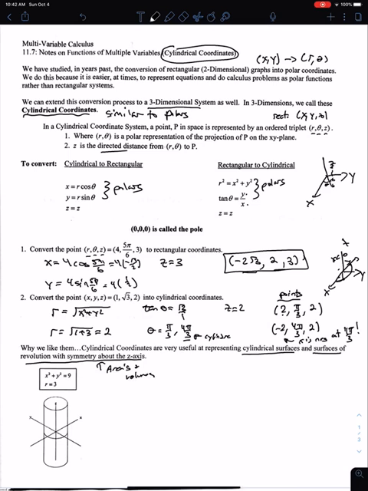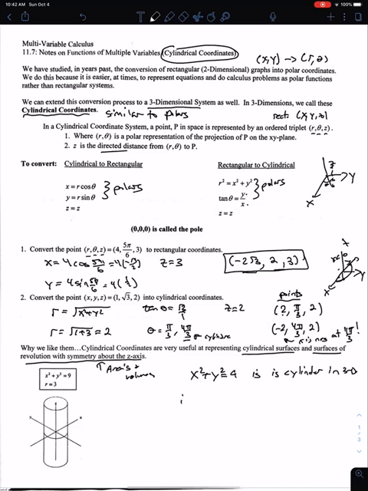In other words, imagine we have the cylinder x squared plus y squared equals 9. We know that x squared plus y squared equals 9 is a cylinder in 3D. In 3 dimensions, we have x and y coordinates.